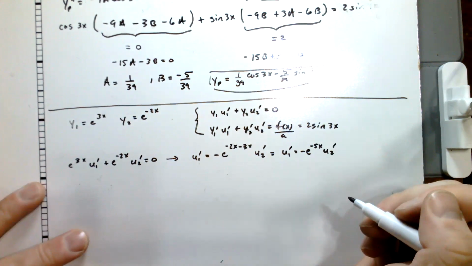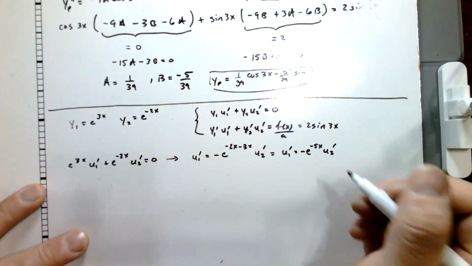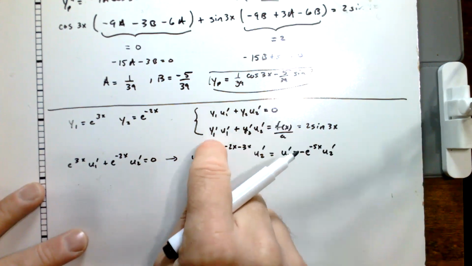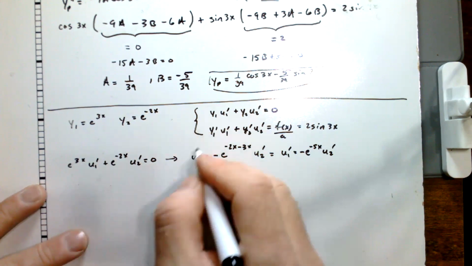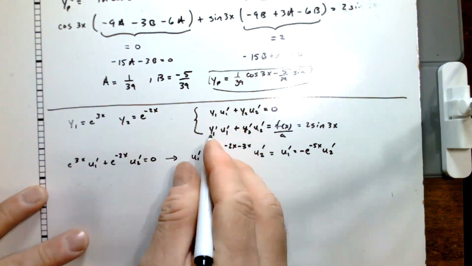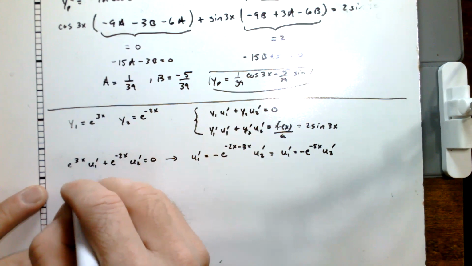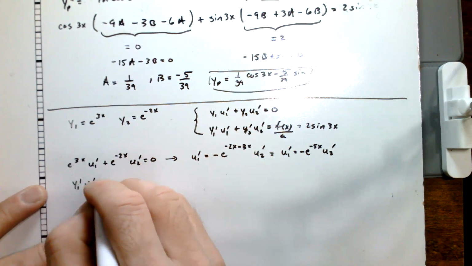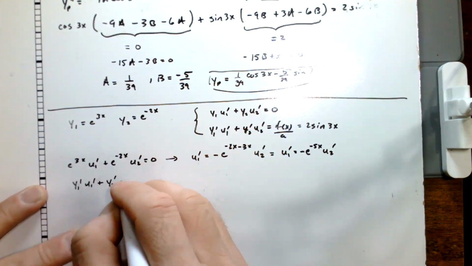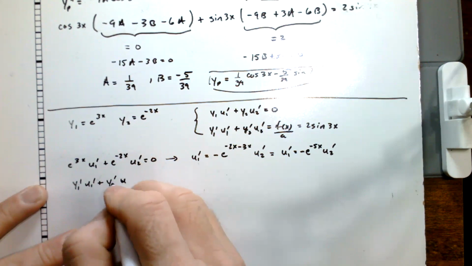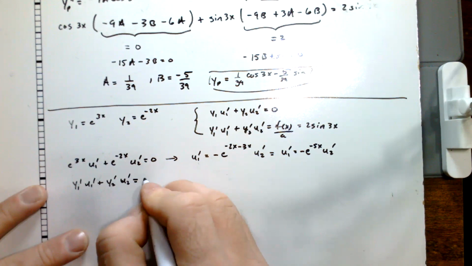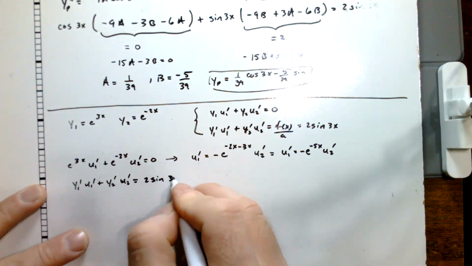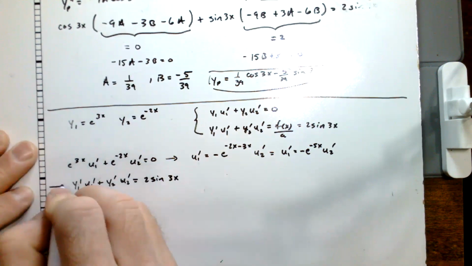Okay. All right, so now that we have u1 prime in terms of u2 prime, going back up here, that's really nice because that allows me to simplify. I'm plugging into y1 prime u1 prime plus y2 prime u2 prime equals 2 sine of 3x. So I'm utilizing that second equation here.